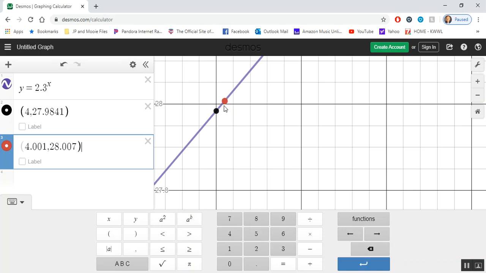Probably. Yeah, okay. Let's find the slope here, kids. Help me out. I'm going to go 28.007 minus what? 27.9841, all over 4.001 minus 4.